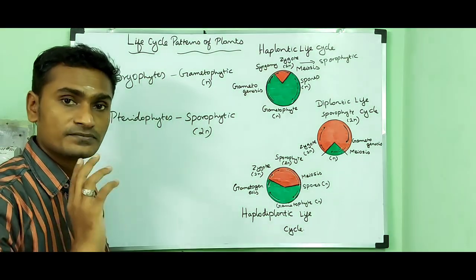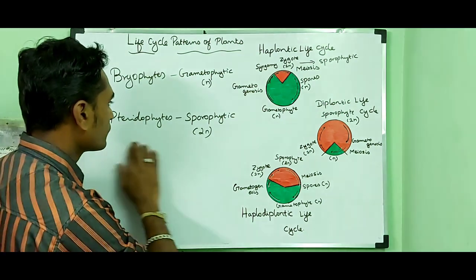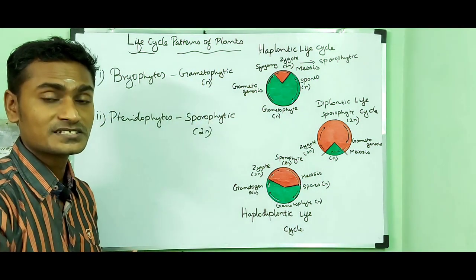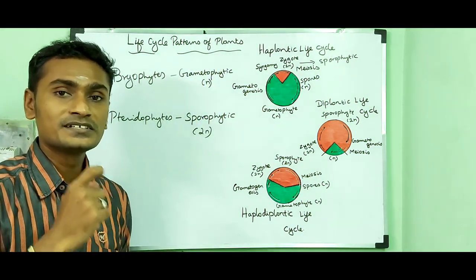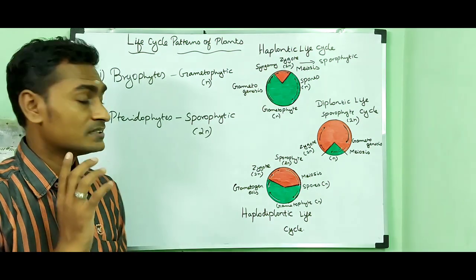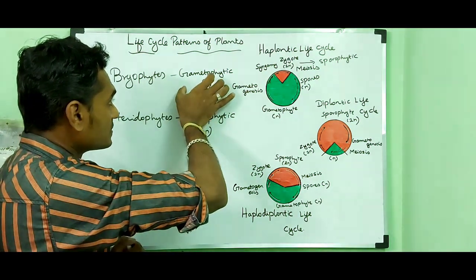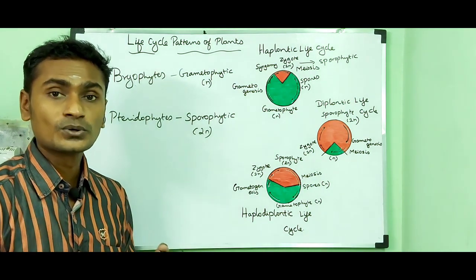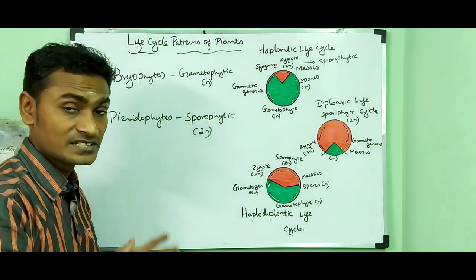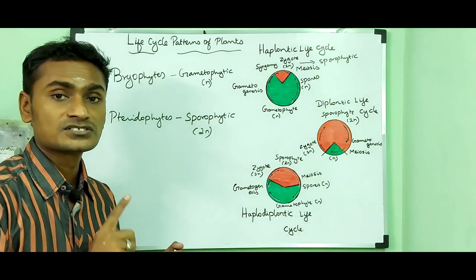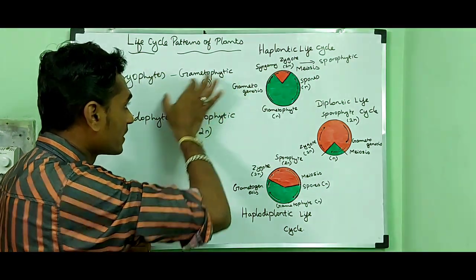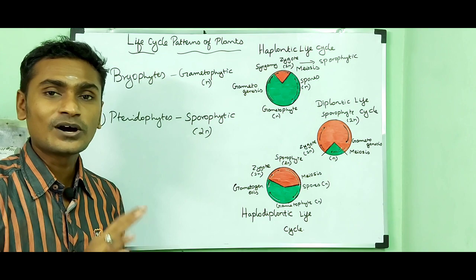In bryophytes, the gametophytic phase alternates with a short-lived multicellular sporophytic phase, and that sporophyte depends upon the gametophyte for nutrients, totally or partially.